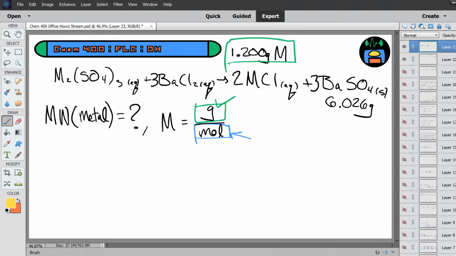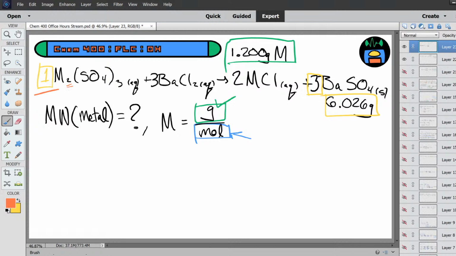To do that, we're going to take our grams of barium sulfate, convert it to moles, and then use the mole-to-mole ratio, because 3 moles of barium sulfate are produced from 1 mole of this metal sulfate, and then 1 mole of the metal sulfate actually contains 2 moles of that metal.